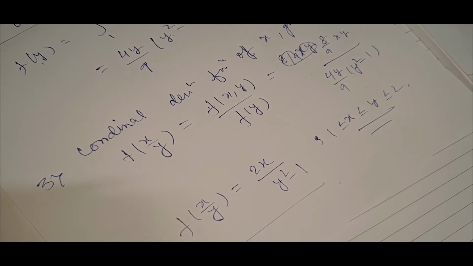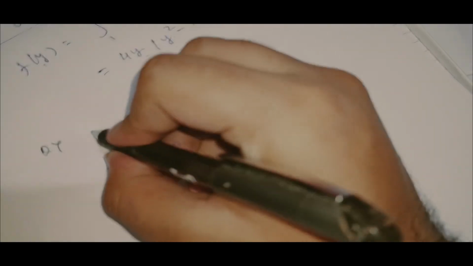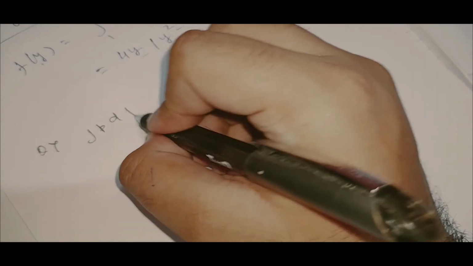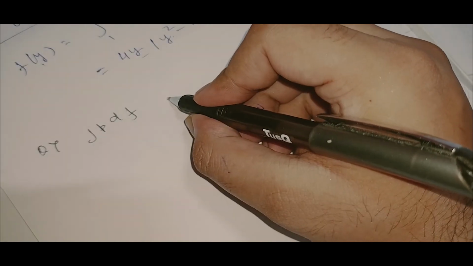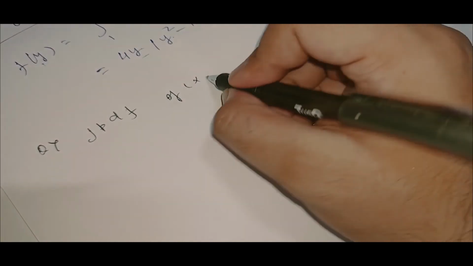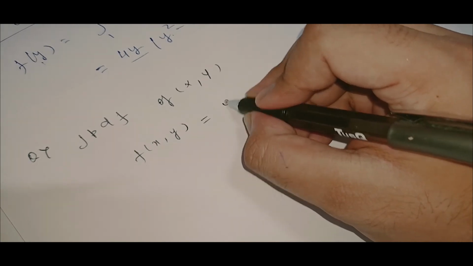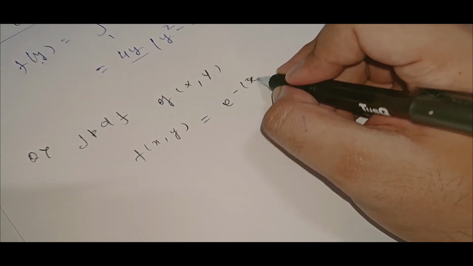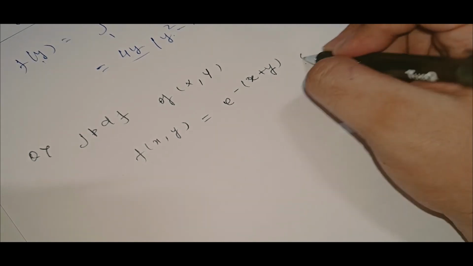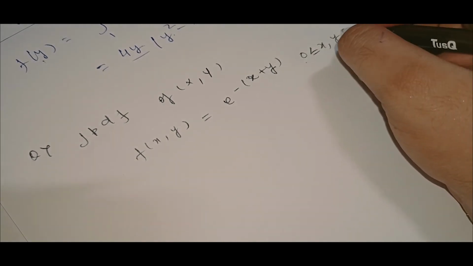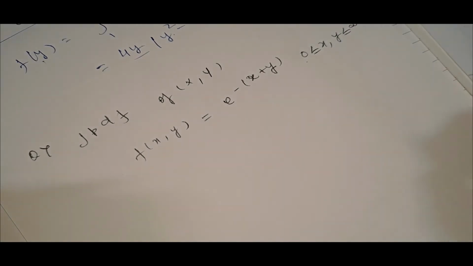Now let us see a small example for independence of variables. You have been given a joint probability density function of x and y, that is f of x,y is equal to e to the power minus (x plus y), where x and y range from 0 to infinity.